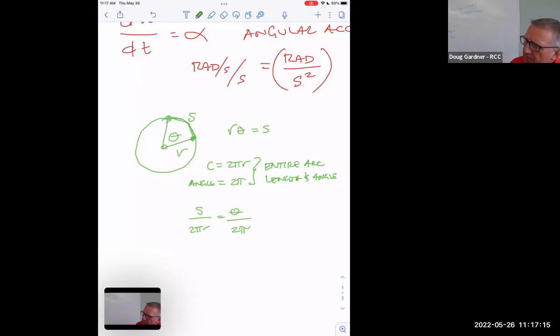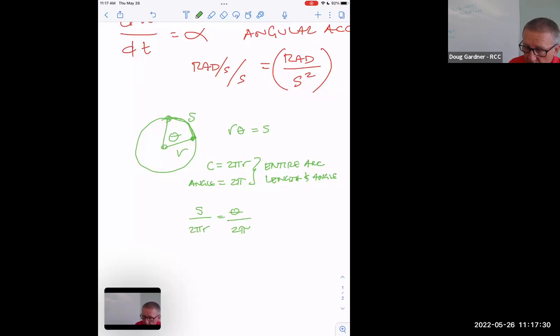You see the proportion there? s is part of the arc length, 2 pi r is the entire arc length. Theta is part of the angle, 2 pi or 360 degrees is the entire angle. Are you feeling that proportion?